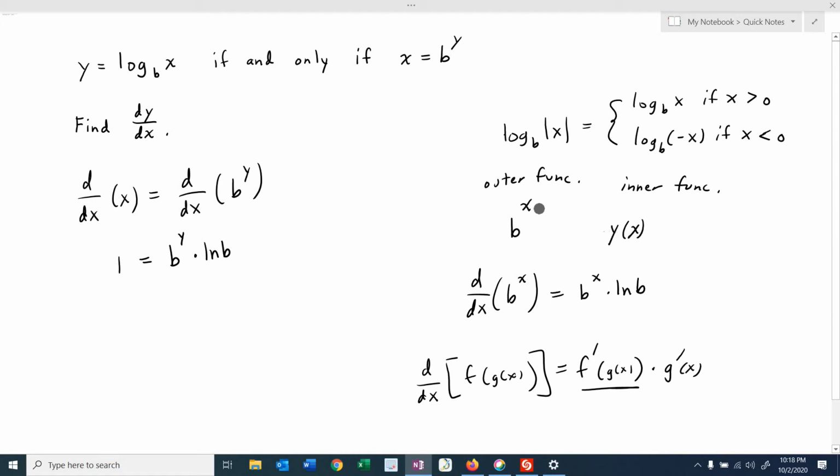So we have to substitute this y back into the derivative in for this x. So it's not b to the x ln of b, it's actually b to the y times the ln of b. And then we multiply that by the inner derivative, which of course is just the derivative of this inner function with respect to x, which is just dy/dx. Okay, and now let's just solve for dy/dx by dividing this to the other side.